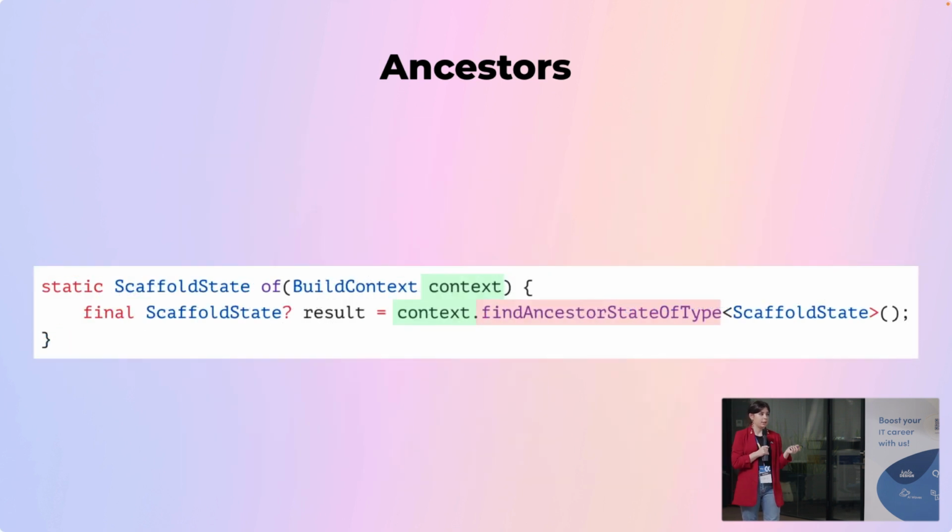So we take a look and we find that what it tries to do is access via context a scary looking method called findAncestorStateOfType and passes it the type. So what it does, it takes the context. Because context is your location in the widget tree, it tries to find an ancestor of this type. Well, the name says it all.